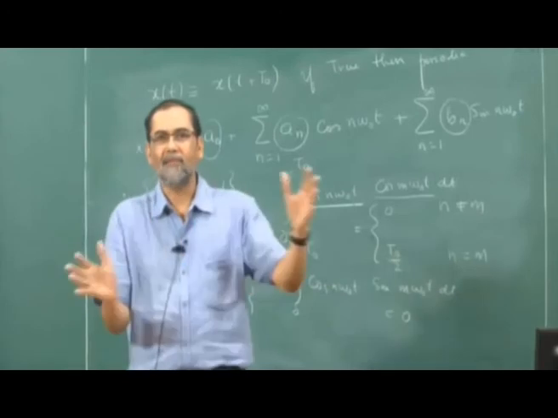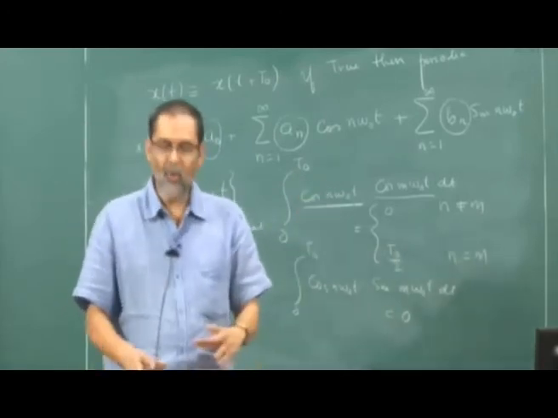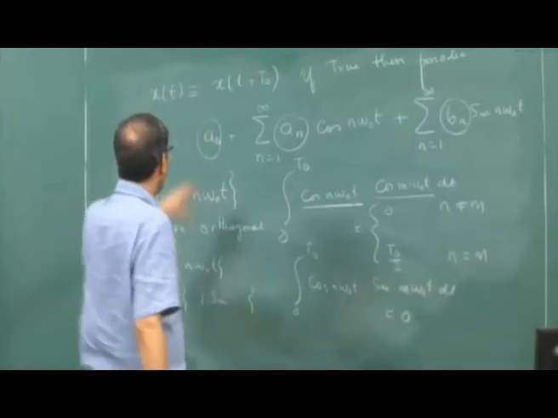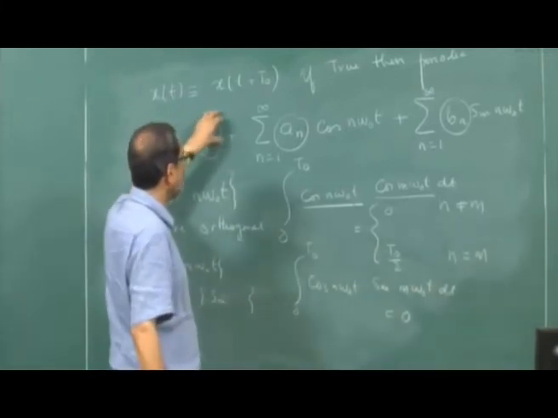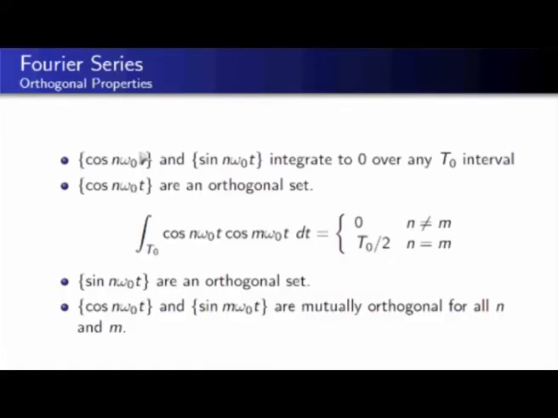These 4 or 5 properties put together are enough to let us know how to compute the values of a naught, a n and b n. Only these properties are required to find the values of the a's and b's. I would like you to go home and show that these properties hold good, just as a homework exercise.